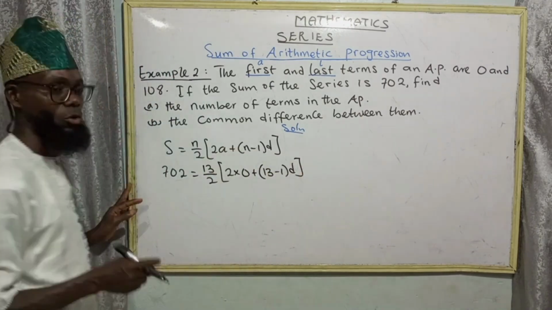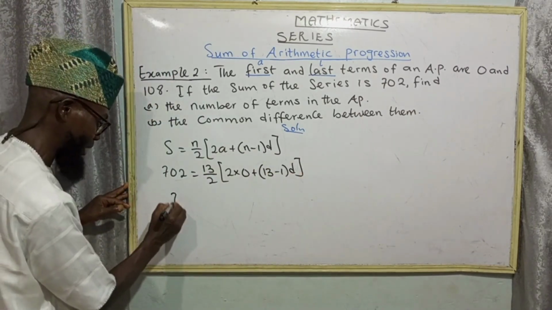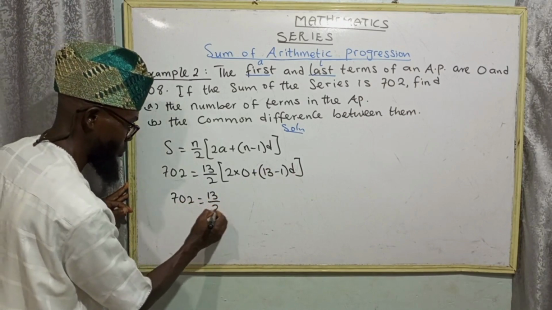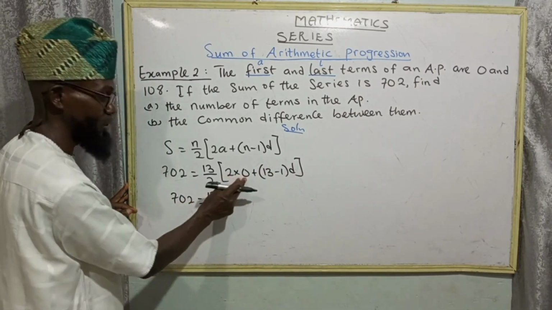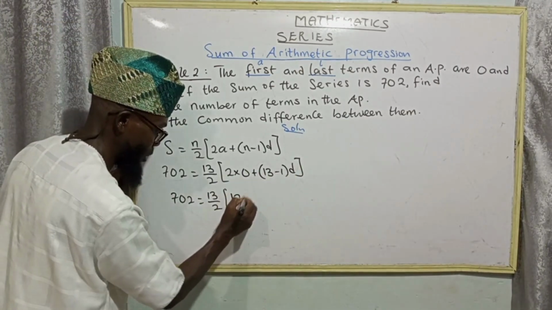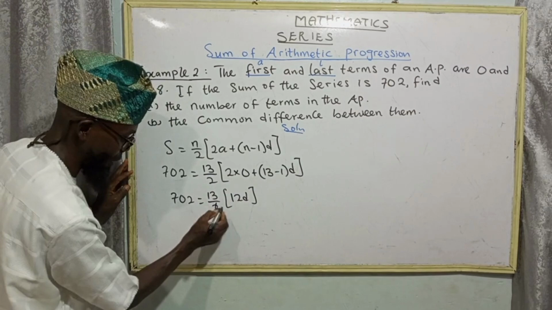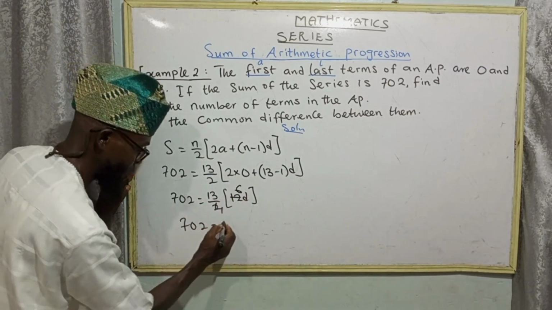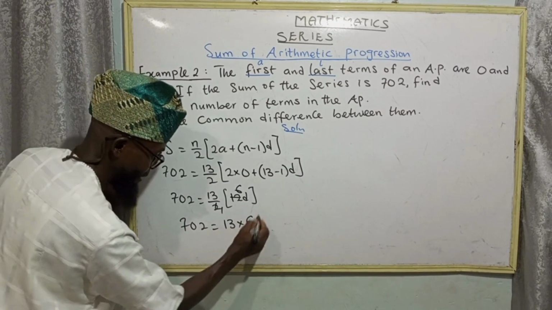That is the common difference we are looking for. Here, 702 equals 13 over 2 bracket 2 times 0 we have 0, 13 minus 1 we have 12, 12 times d we have 12d, then 2 here 1, 2 here 6. So 702 equals 13 multiplied by 6d.